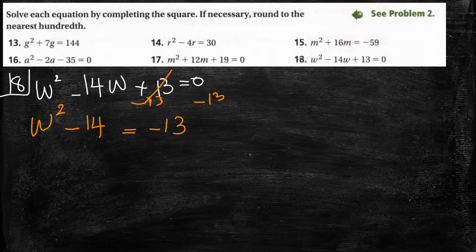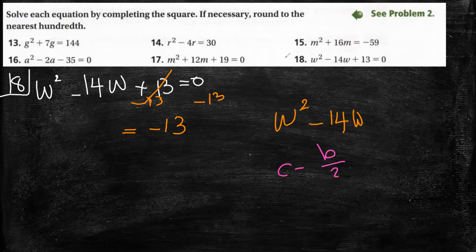Then I will take this equation here, which is w squared minus 14w. Then where is b? I will find c. How can I find c? As I told you, this is an equality equation, but without c.